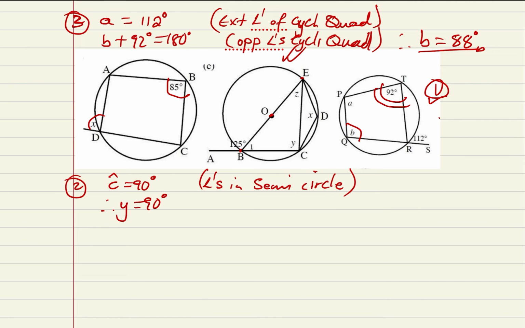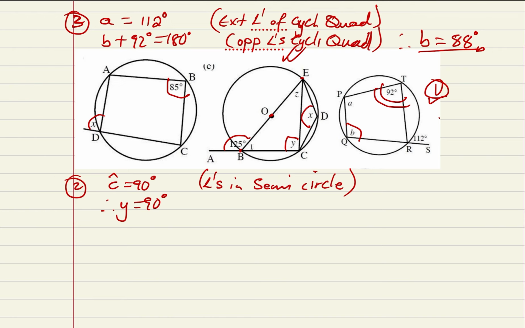Okay, we have y being 90 degrees. That's the first thing we know here. Okay, I hope you guys are following this one. It's very crucial. So let's indicate we have 90 degrees here. Okay, then we can see that this is an exterior, which is equals to the interior opposite, which is this one.